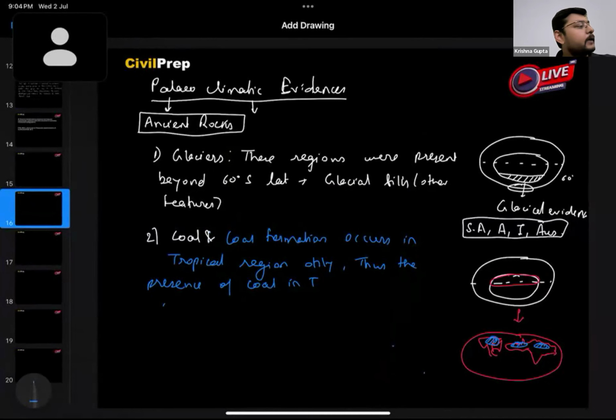Thus, the presence of coal in the temperate and polar regions signifies that they were once present in tropical regions.